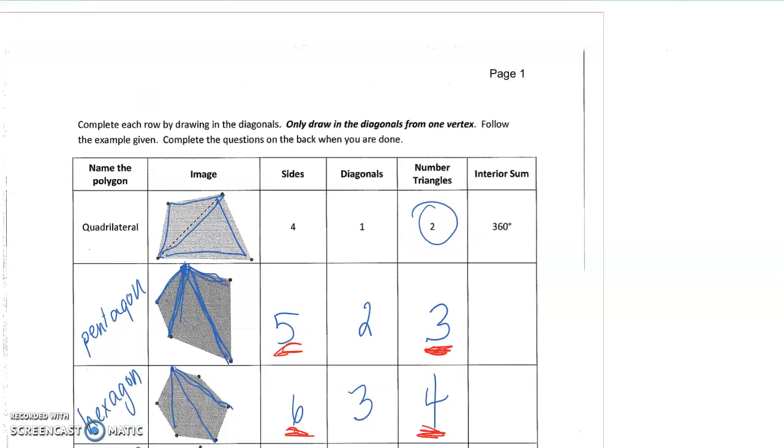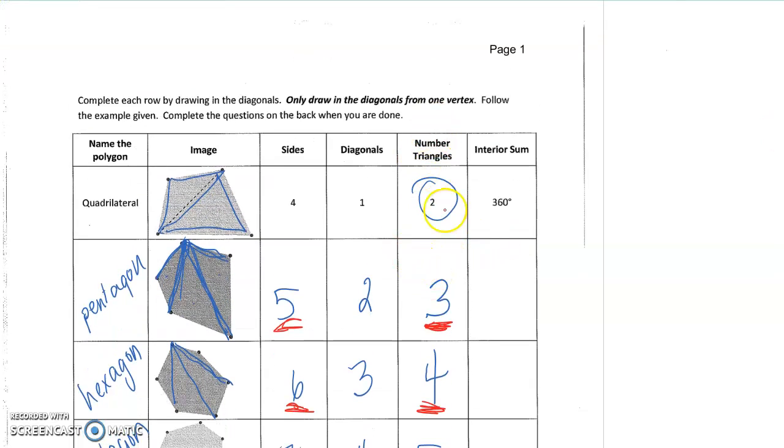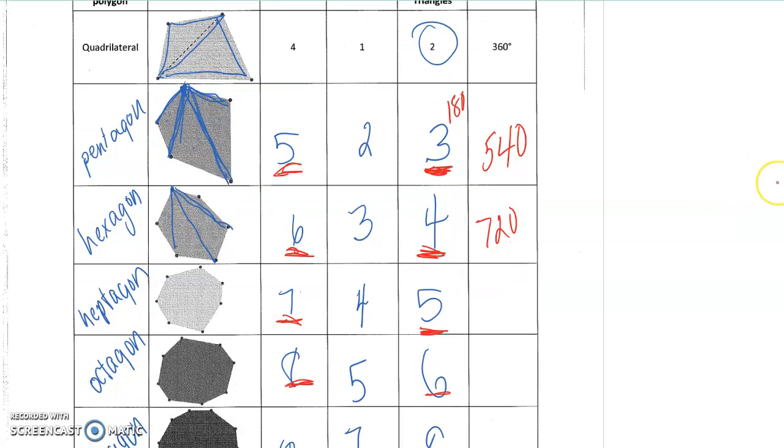So if I go back to these, you can see that if it has 3 triangles, 3 times 180 is 540. 4 times 180 is 720. And so if it has 7 sides, it makes 5 triangles. And 5 times 180 is 900.